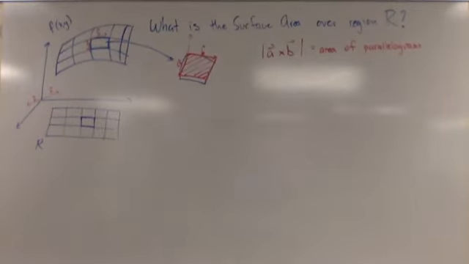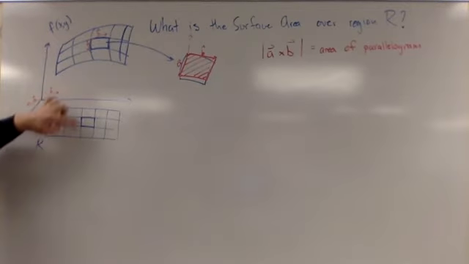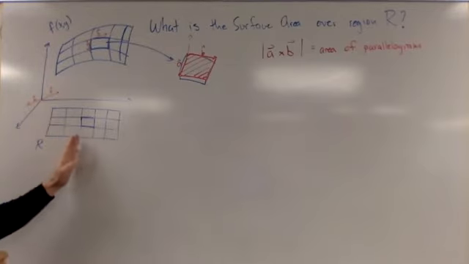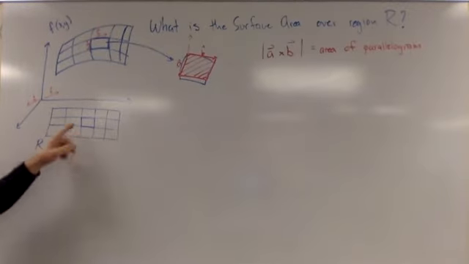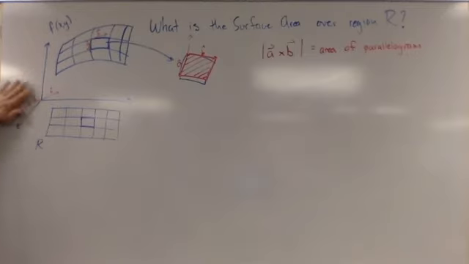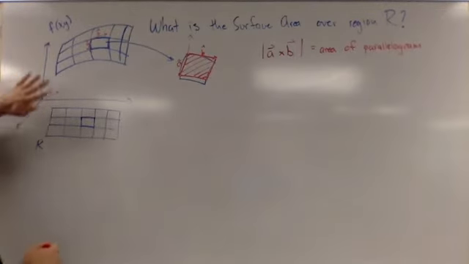What I want to notice is that this A vector is along this line, so that's for a set y value. That means this A vector is in the xz plane.